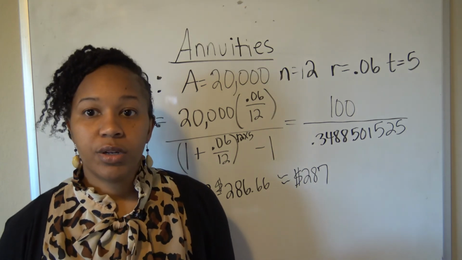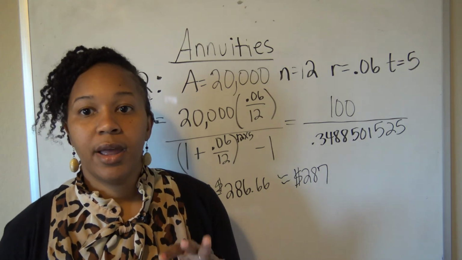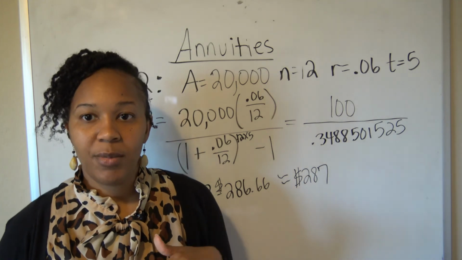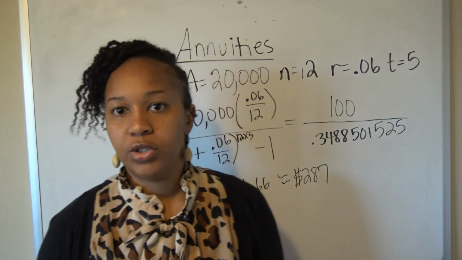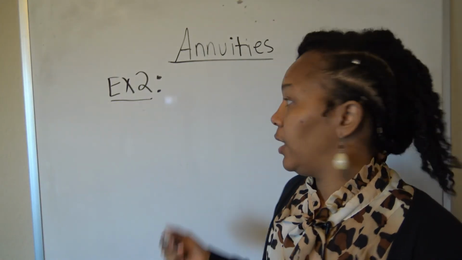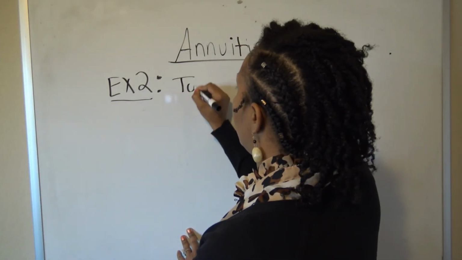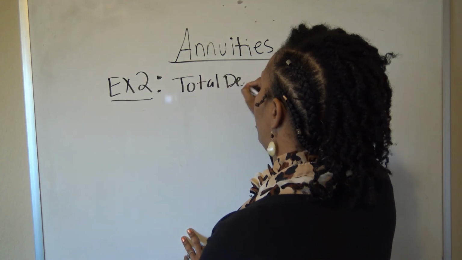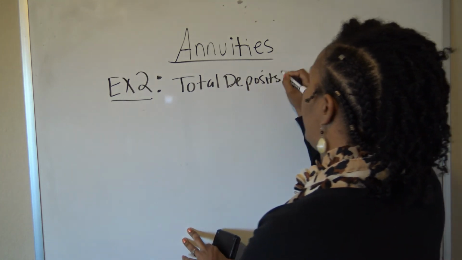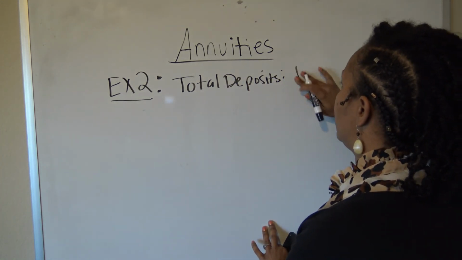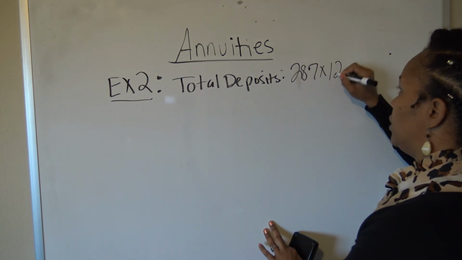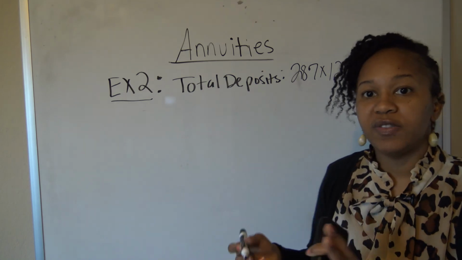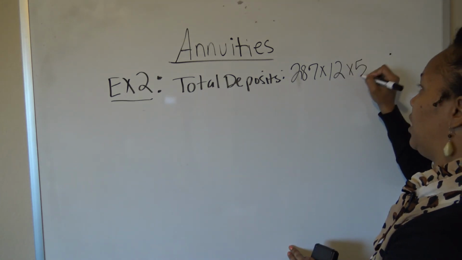And so now we want to do the second part, which is to calculate, in the end when we get our $20,000, how much of it will be from the money that we put in the account and how much of it will be from interest. So we need to first calculate the total deposits. If we're paying $287 a month, it'll be 287 times 12 because there are 12 months in a year, and we're doing this for 5 years, so times 5.